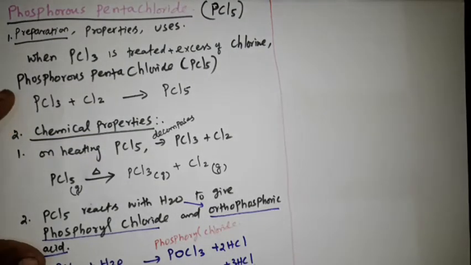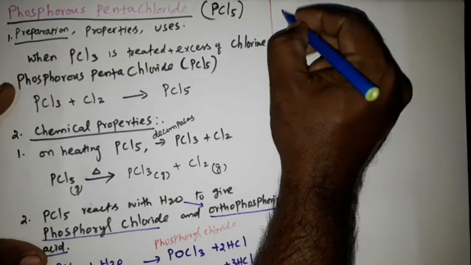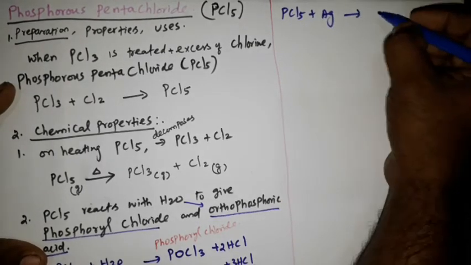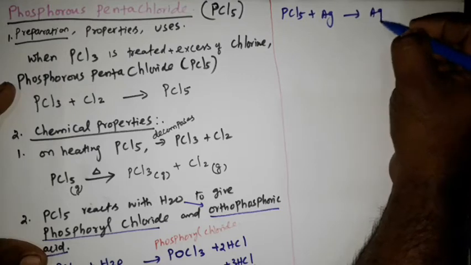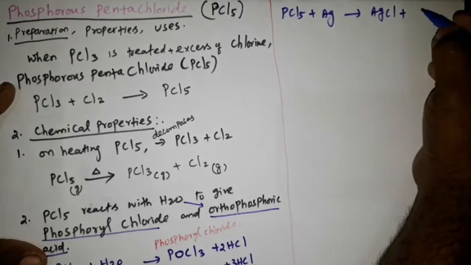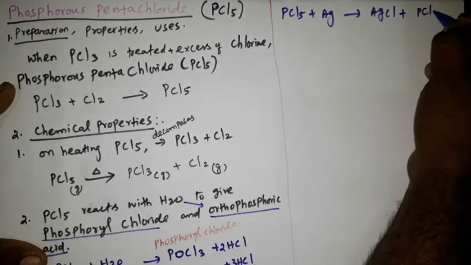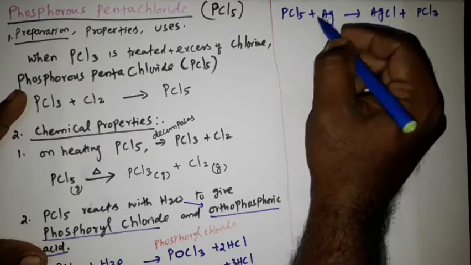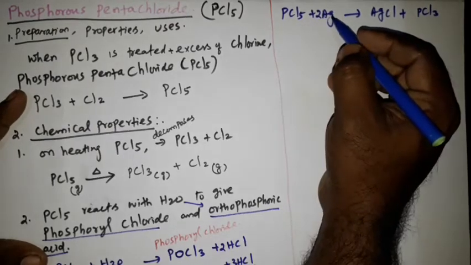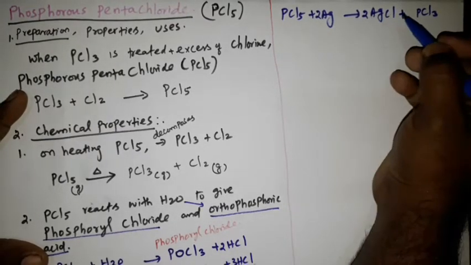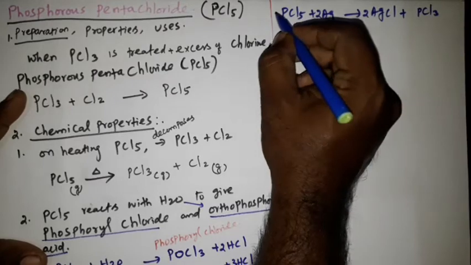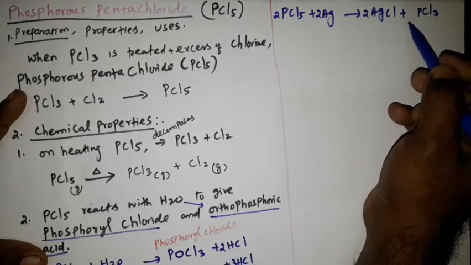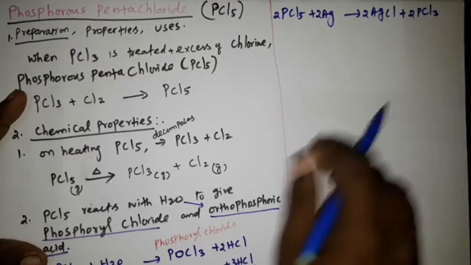So in the first reaction, PCl5 reacts with silver, we will get silver chloride AgCl plus PCl3. Okay, now balance the equation, put 2 here, then put 2 here, here put 2. Now here also put 2. Now the equation is balanced.